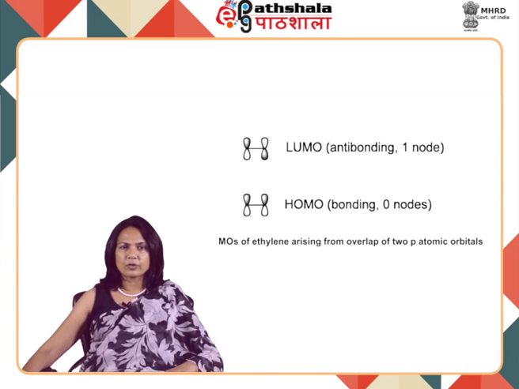Thus, for ethylene, 2 MOs, that is pi and pi star, or bonding and anti-bonding pi MOs, arise from the combination of two p atomic orbitals. As you can see, the LUMO is the anti-bonding with one node and the HOMO is bonding with 0 nodes. These are the MOs of ethylene arising from the overlap of two p atomic orbitals.